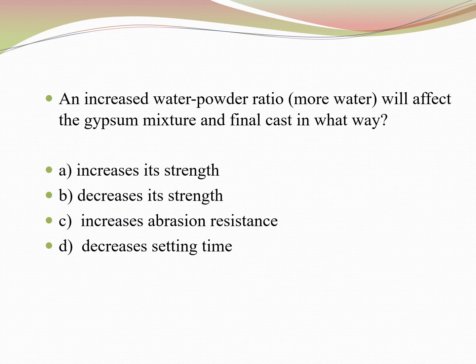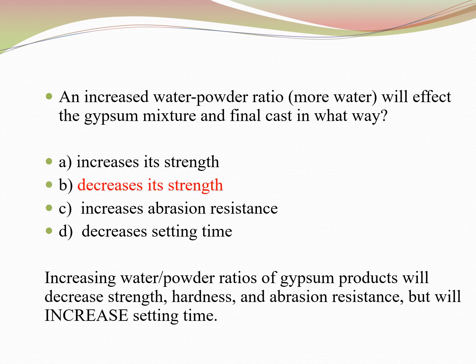Next question. An increased water powder ratio, or more water, will affect the gypsum material or mixture and final cast in what way? Will it increase its strength, decrease its strength, increase the abrasive resistance, or decrease the setting time? And the answer is it's going to decrease the strength.